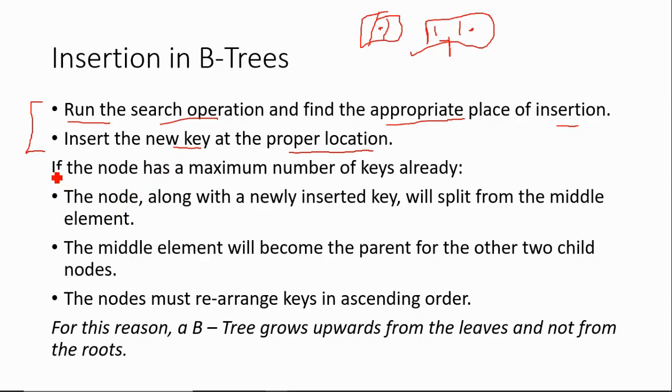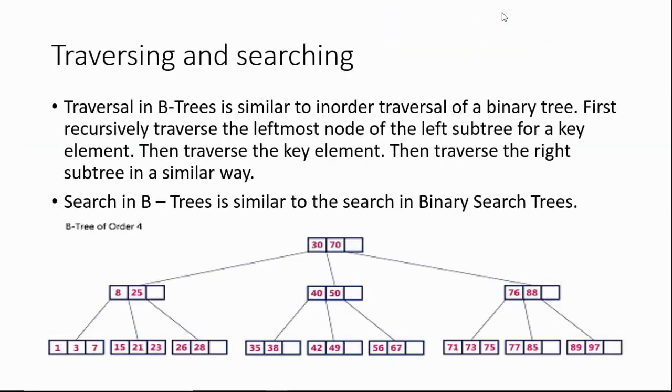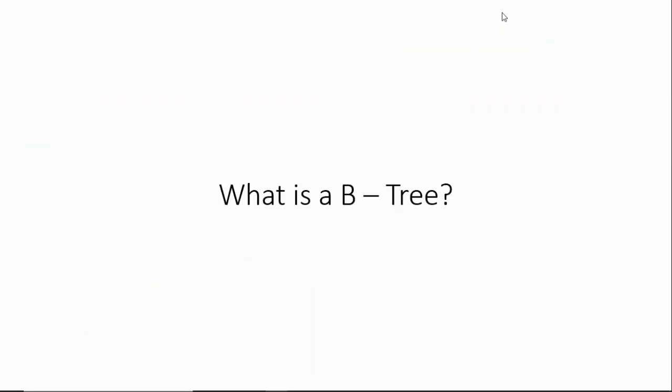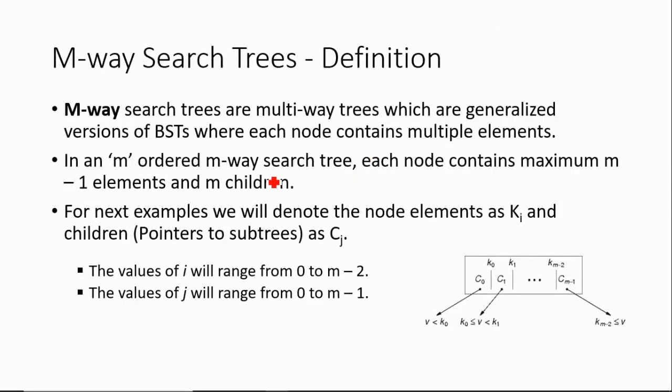But whatever we do, there is a chance of overflow, meaning there are already the maximum number of elements which can be stored in that particular node. In the case of m-way search trees, we know that we can store a maximum of m-1 elements and m children. So if there are m-1 elements in that node, then there has to be m children also, and vice versa.